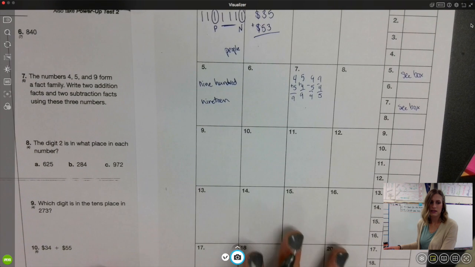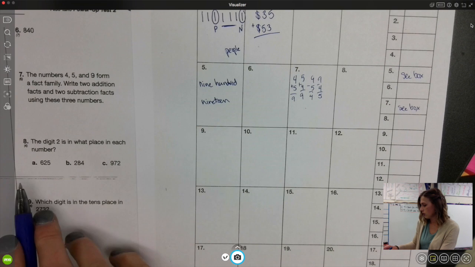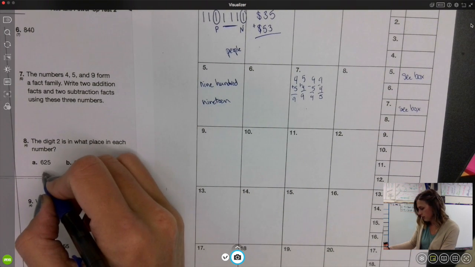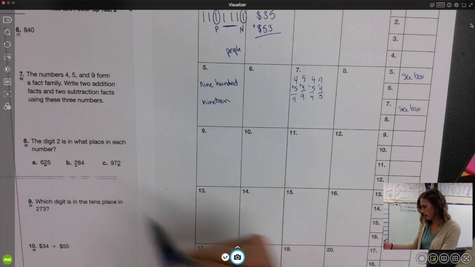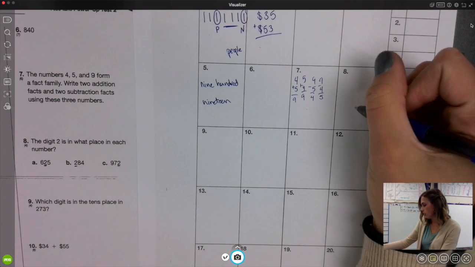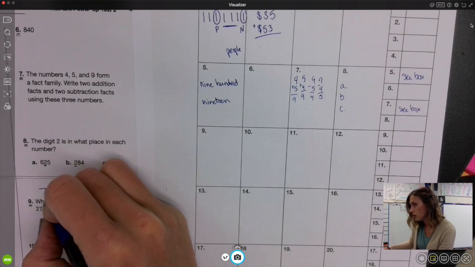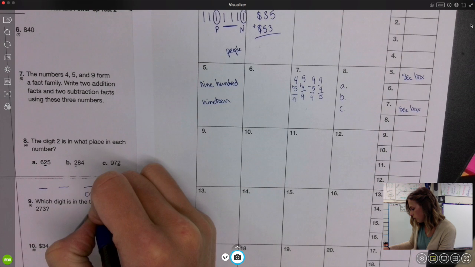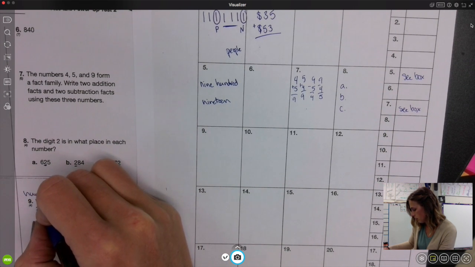Then number 8, the digit 2 is in what place in each number? So look at these numbers here, underline the digit 2. Think, is it in our hundreds place, our tens place, or our ones place? Remember, ones is the last one, then tens, then hundreds.